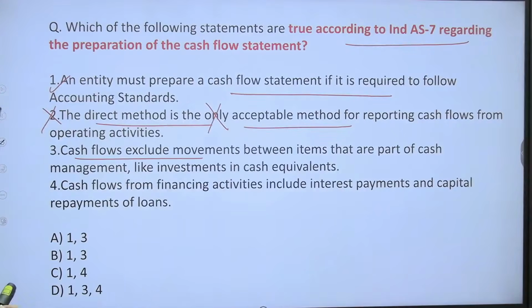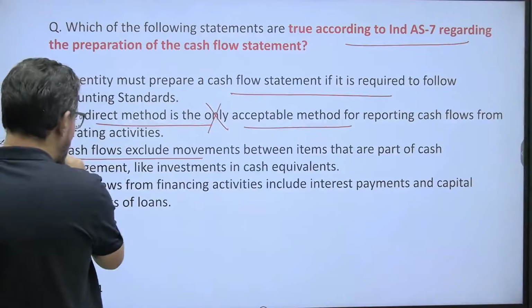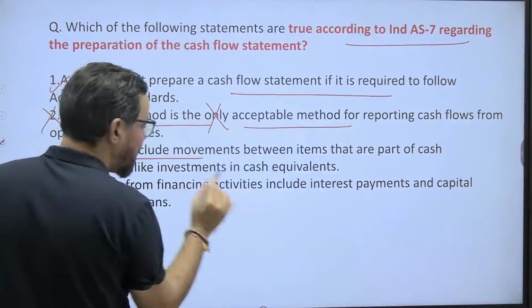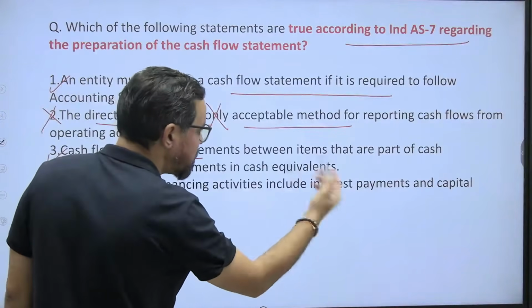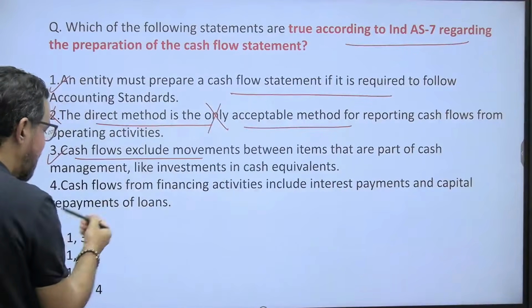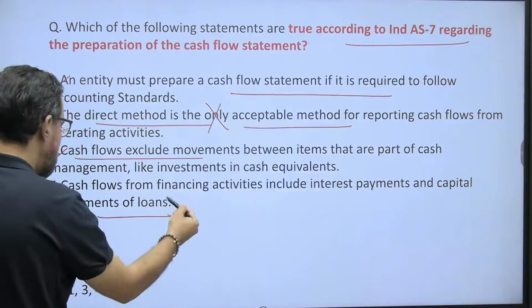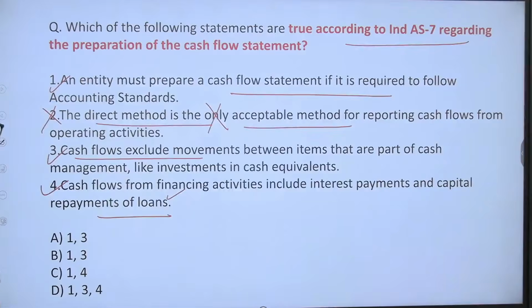Cash flow from financing activities includes interest payment and capital repayment of loan. This is also true. So 1, 3, 4, D should be the right answer.